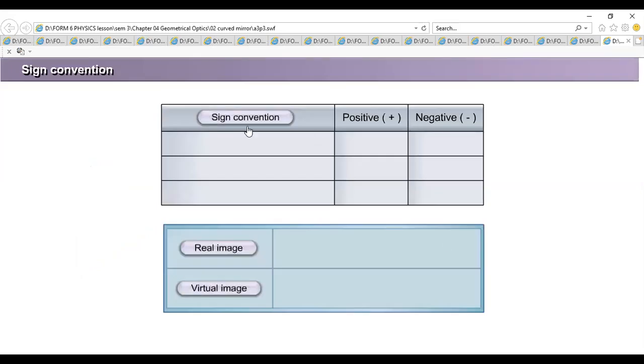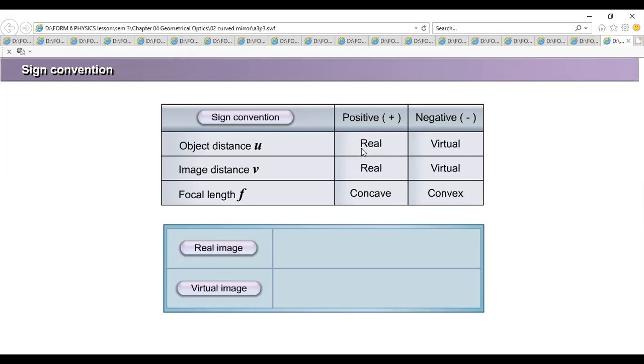Let's look at the sign. u, v, and f. u can be positive, u can be negative. v and f also can be positive and negative. If the object distance is positive, it means the object is real. Same with the image.